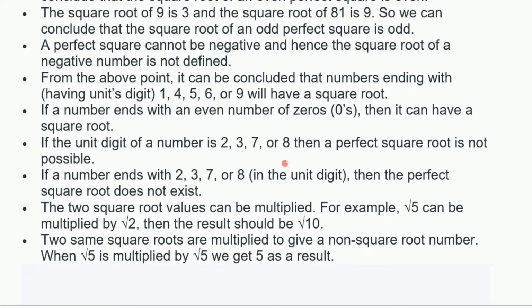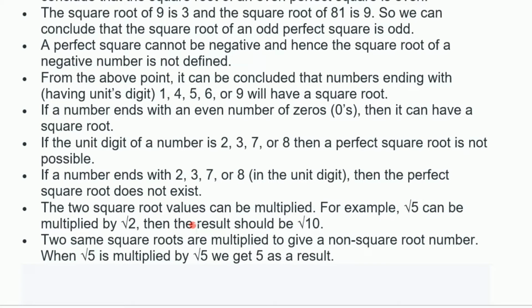If the unit digit of a number is 2, 3, 7 or 8, then a perfect square root is not possible. If a number ends with 2, 3, 7 or 8 in the unit digit, then the perfect square root does not exist. This is the common concept.